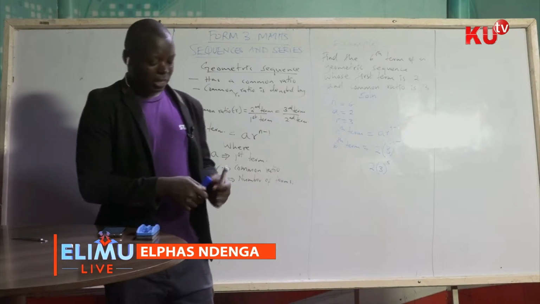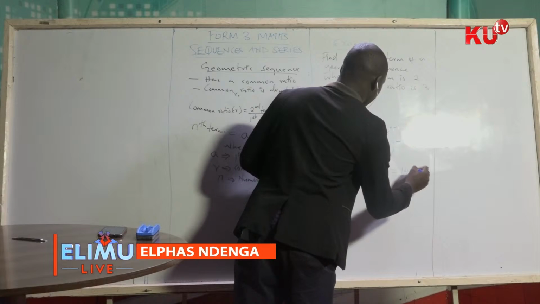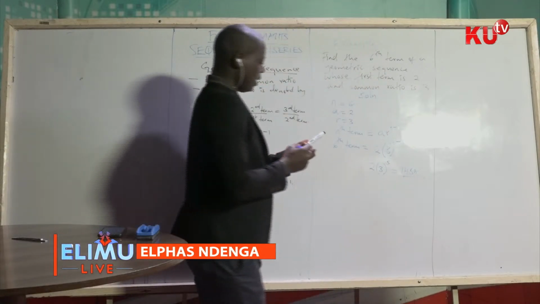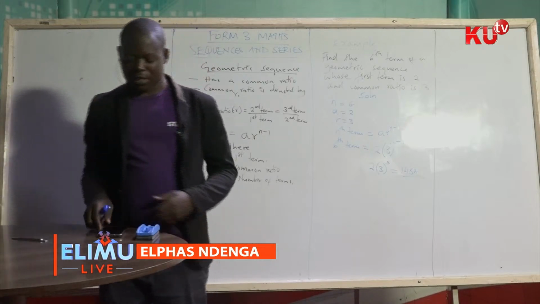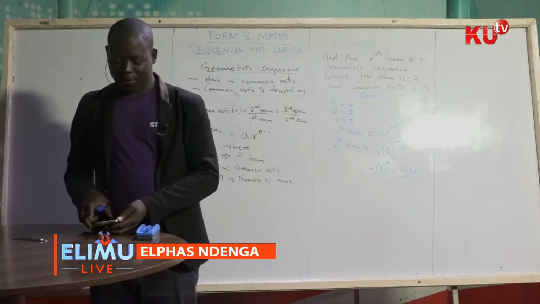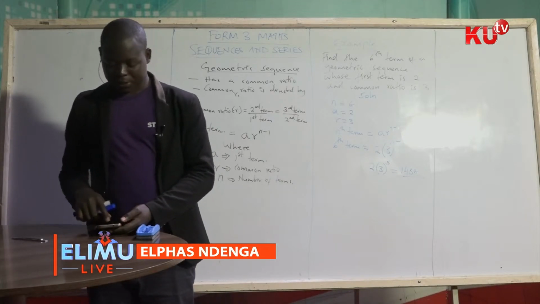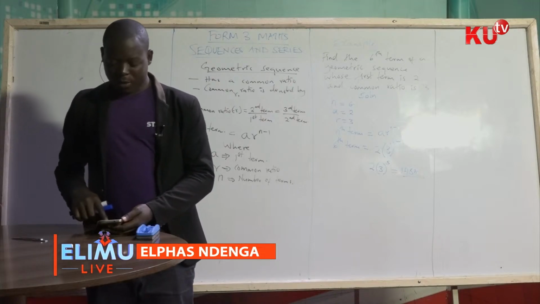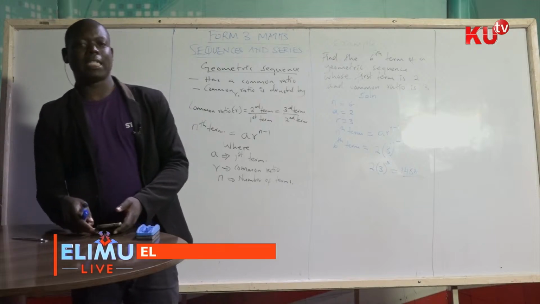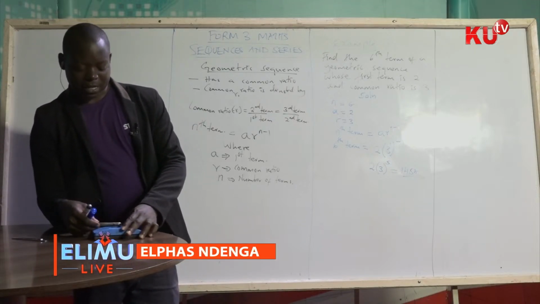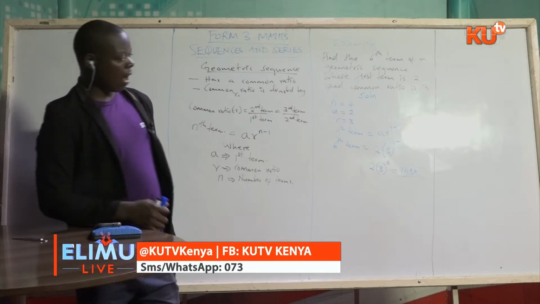So the answer is 1458. Therefore, the sixth term of this sequence will be 1458. So once we have this solution, students, we can confidently say that we have identified the sixth term as per the question.